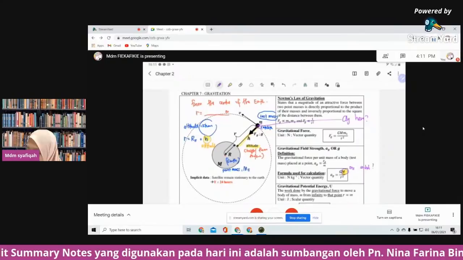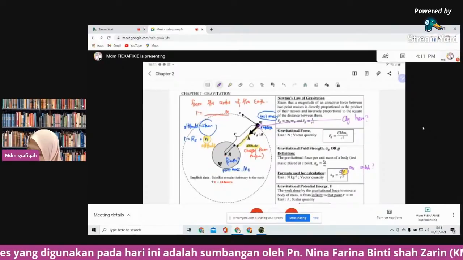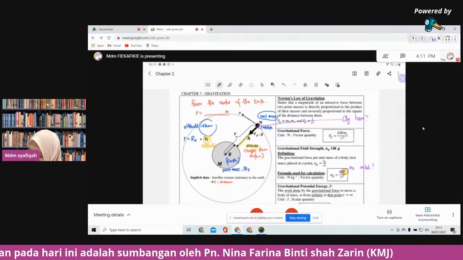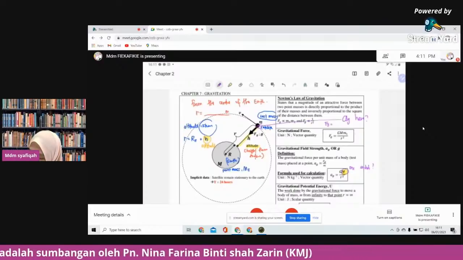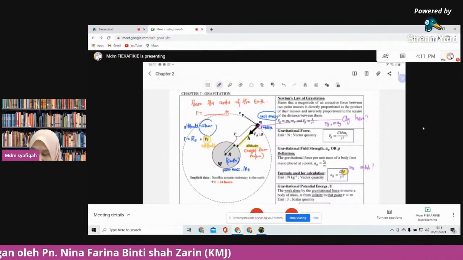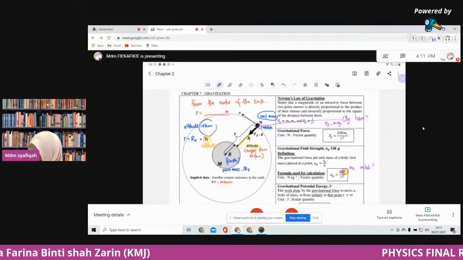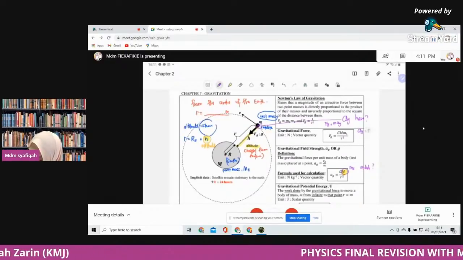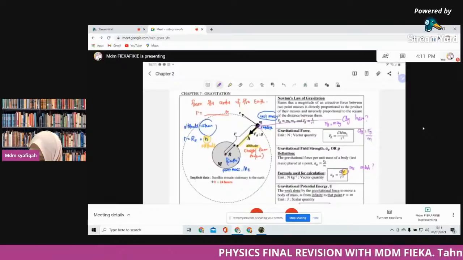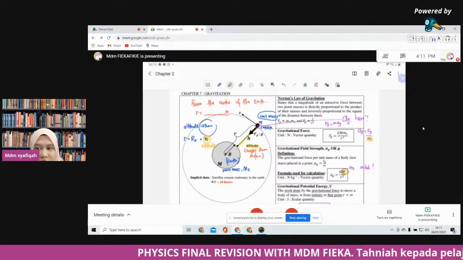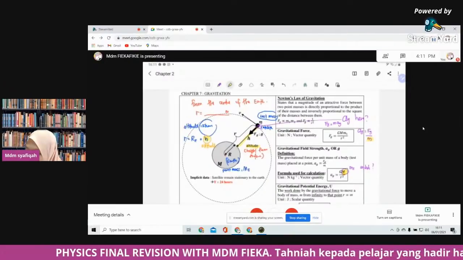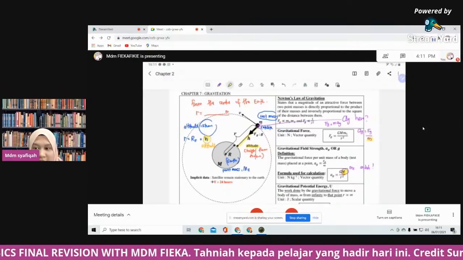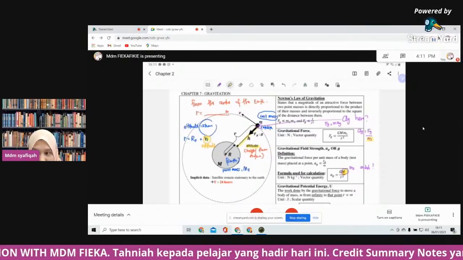Okay. So when we derive the equation, okay, as we know, Fg is equal to MAG kan? Therefore, AG is equal to Fg over M. Tengok ya. M here, I put as a small m, and this is the mass of the test mass. The satellite punya mass.